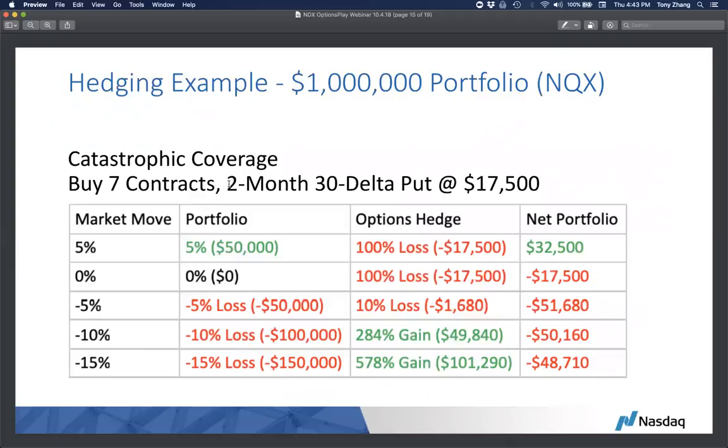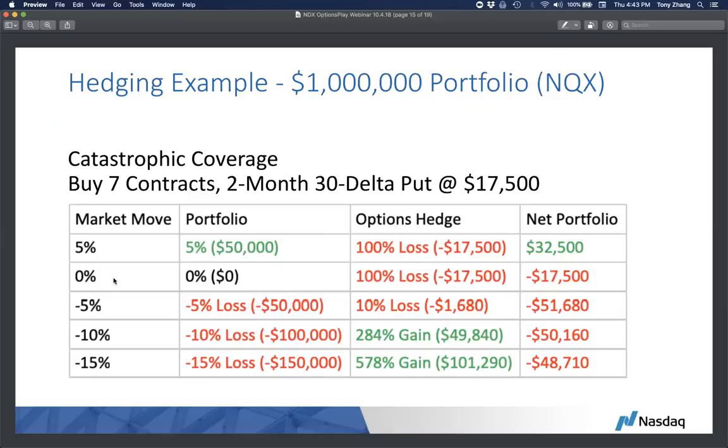I'm looking at a 2-month 30 delta put. It cost me roughly $17,000. So on a $1 million portfolio, my put cost me $17,000, so 1.75% of the portfolio value in order to protect my portfolio.